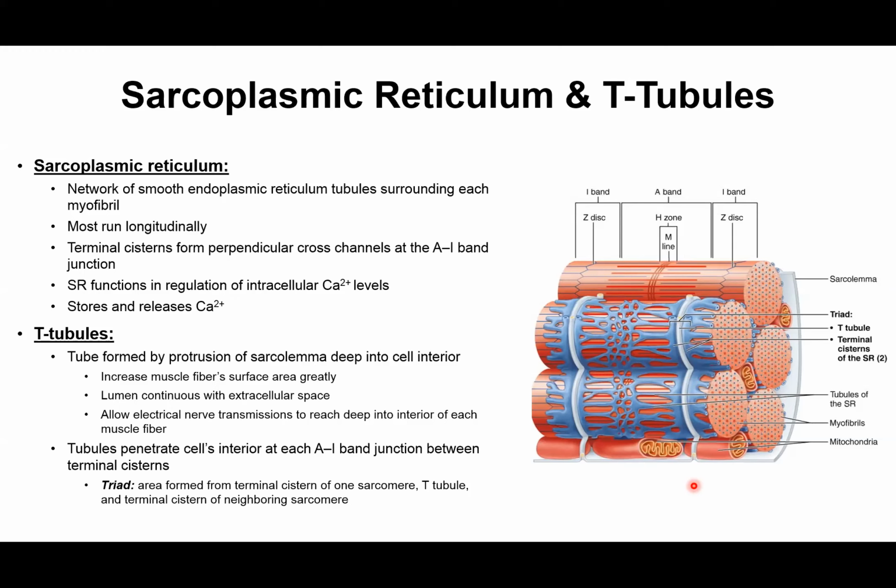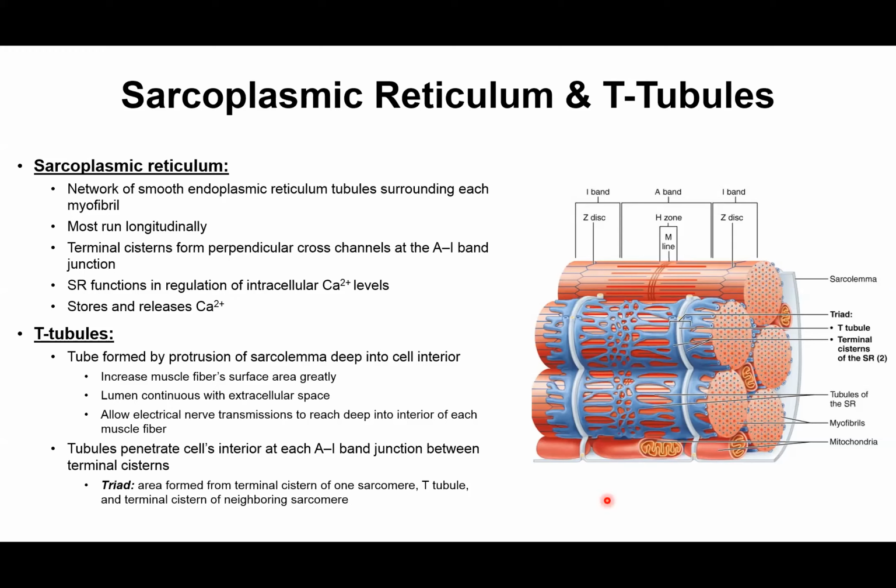It also makes the lumen continuous with the extracellular space, and allows electrical nerve transmissions to reach deep inside of the muscle fibers so that all of the myofibrils can be stimulated at a consistent, whole-group rate, if you will.